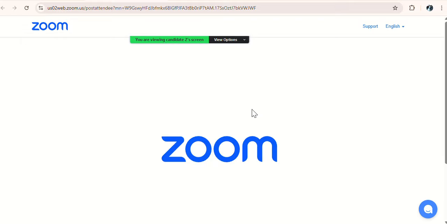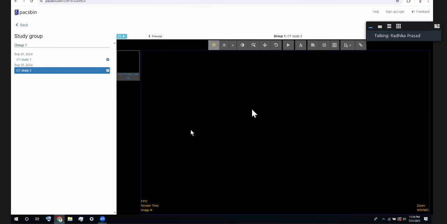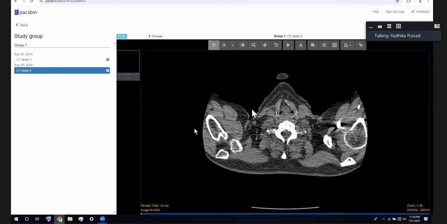Okay, it's just loading. Scroll down a bit. No, go back and look at study 2. I never know which order this is going to come. Hopefully this is the one I want to show you now. Just scroll down. Keep scrolling. I just want to see where the contrast is, basically.